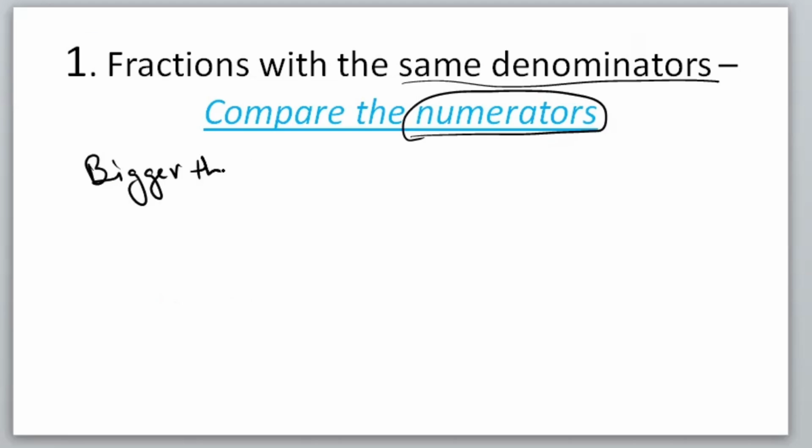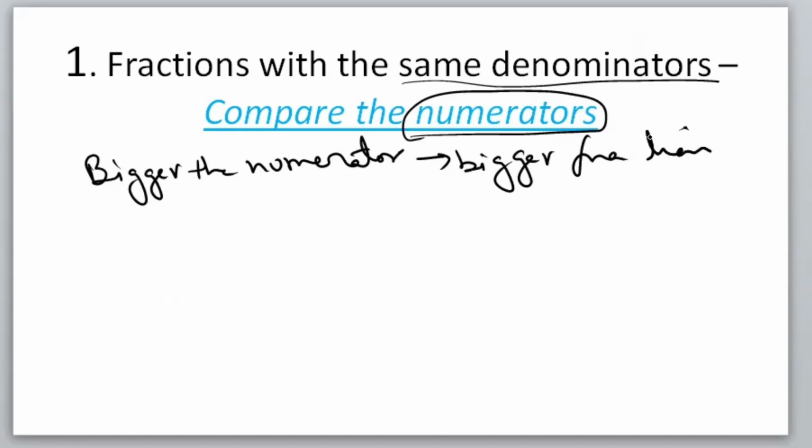Always remember, okay? If the fractions have the same denominators, how can we order and compare? We have to look at the numerators, and bigger the numerator, bigger the fraction.